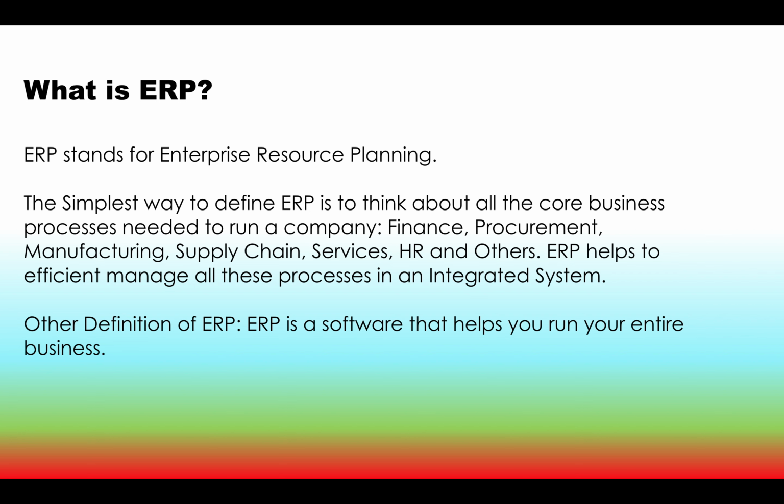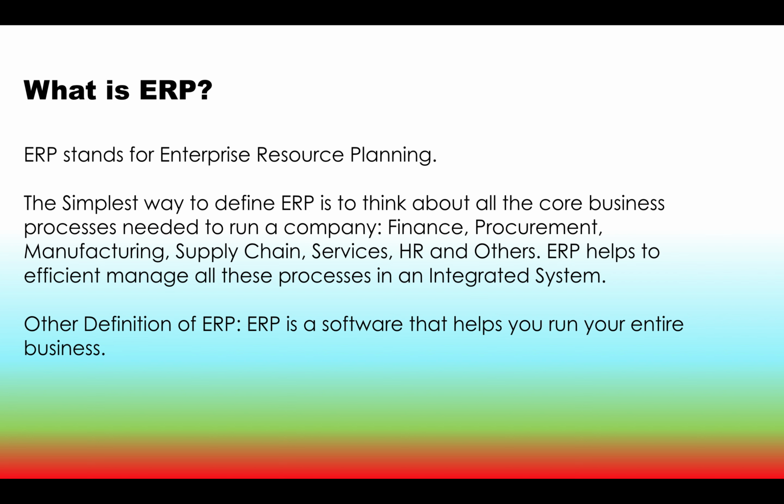Then next, employees, HR. Every company has a lot of employees, and the company needs employee management, their salaries, and their benefits. There are a lot of activities involved that come under HR.